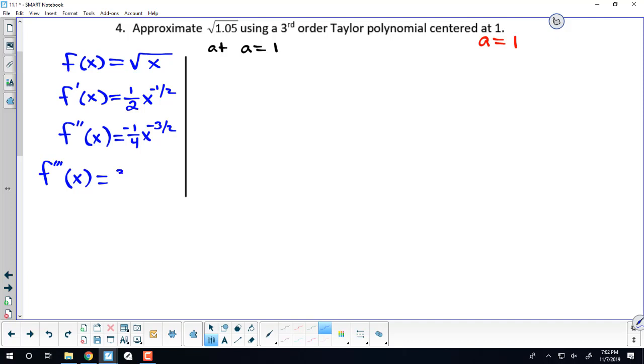Third derivative, 3/8 x to the minus 5/2.